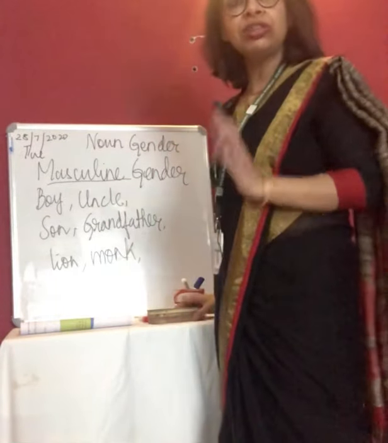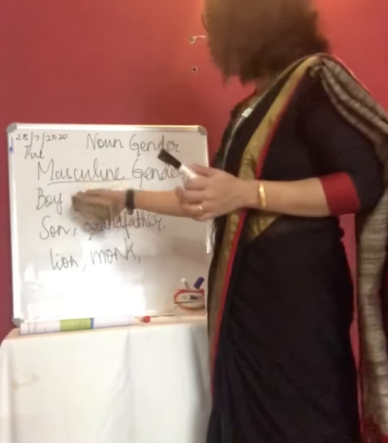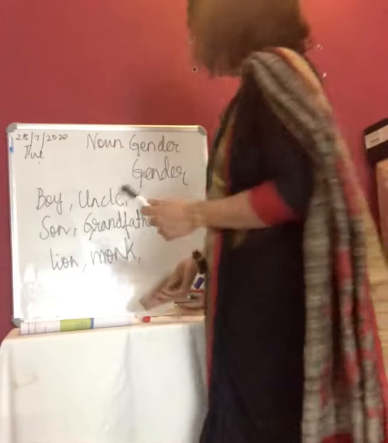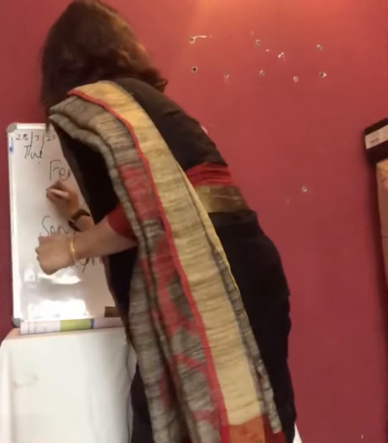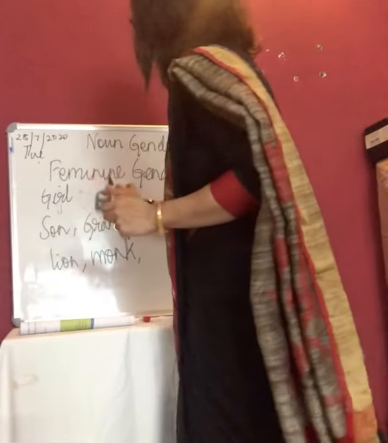Now, I am going to teach you how you will change them into feminine gender. I will take it one at a time. Boy becomes girl. Okay, children, I'll move and then you can see the board.